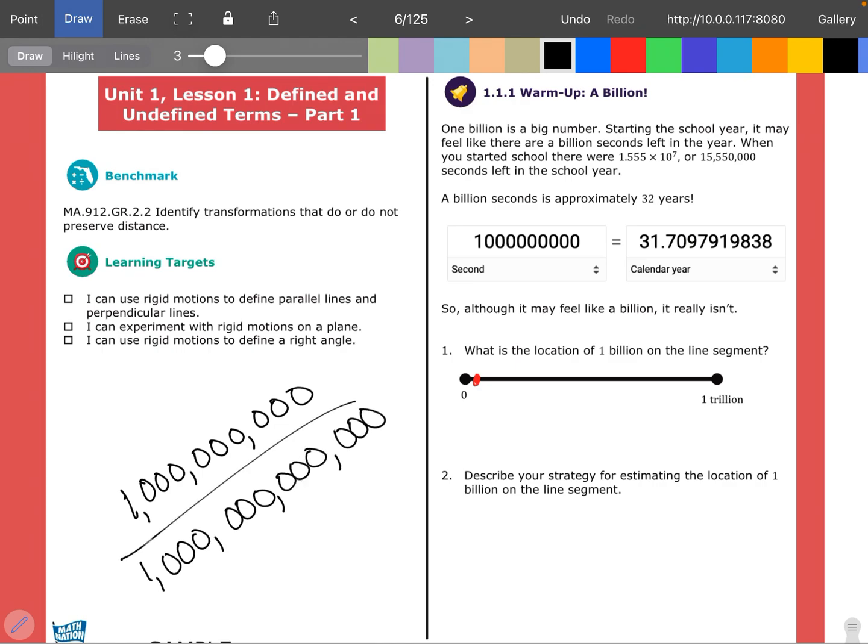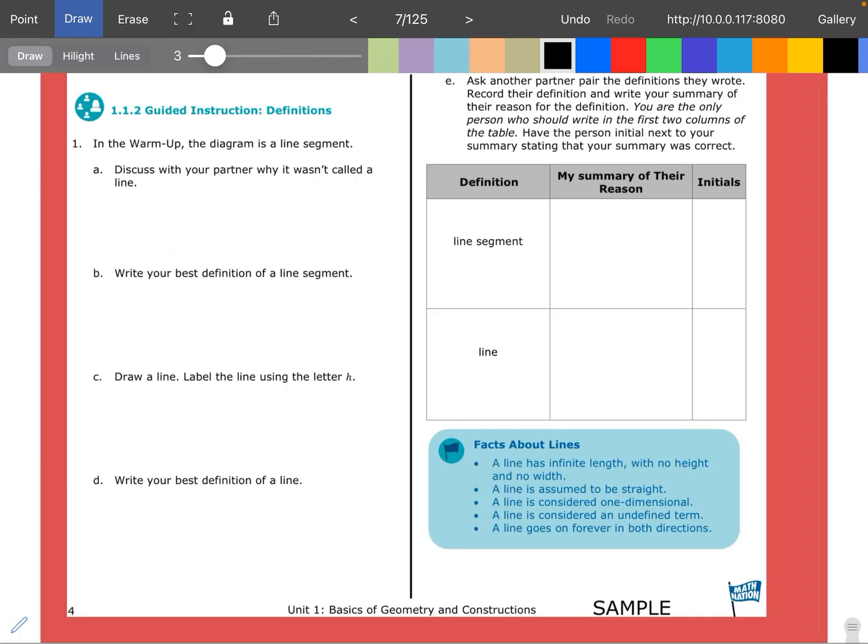So if I were to think of that in fraction form, then 1 billion is 1/1000th of a trillion. So there would be 1,000 of those little segments in between 0 and a trillion. So 1 billion would be 1/1000th of that line segment. So right about there. So let's take a look at the next page.